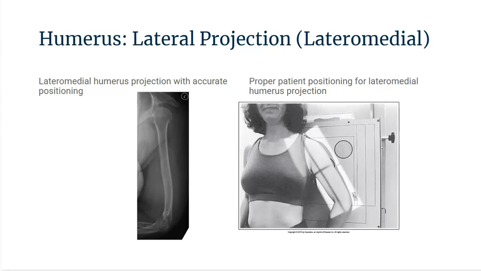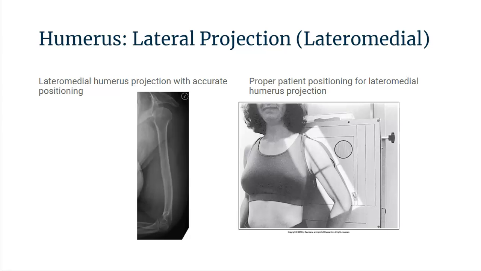In the lateral-medial projection, the torso is placed in an AP position, with the arm internally rotated until those humeral epicondyles are perpendicular with the IR. If the forearm is positioned across the body to flex the elbow without sufficient internal rotation, the distal humerus will remain too close to the IR.